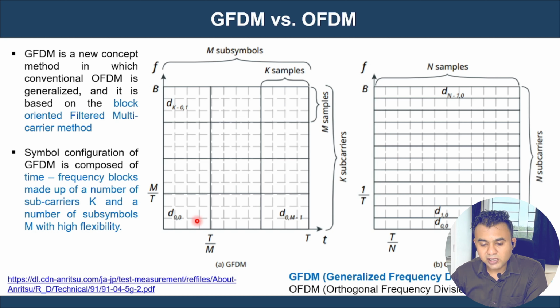Whereas in GFDM, instead of giving the entire band and distributing it across different things, we have specifically segregated them in terms of blocks, and then we have done the allocation. That's the advantage. The only difference is that we have done block-wise FDM.